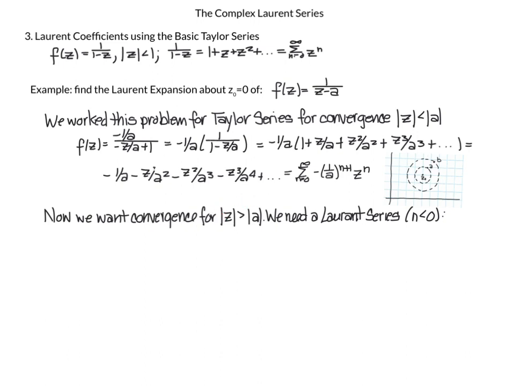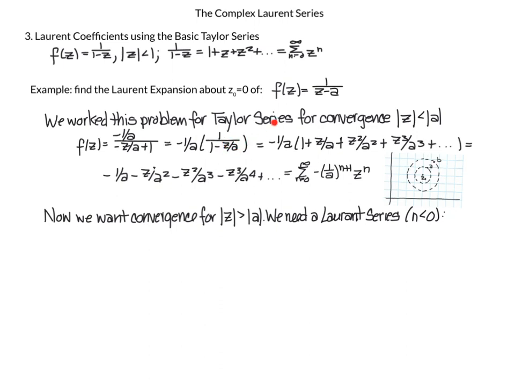But let's consider when we were working with our f of z, and then we converted our function 1 over z minus a to this form here, so that we could have 1 over 1 minus z over a. In this case, when z is greater than a, our z over a now is going to be greater than 1.